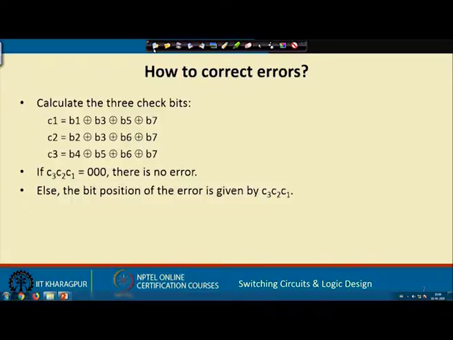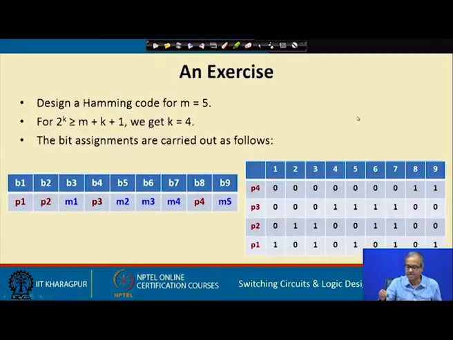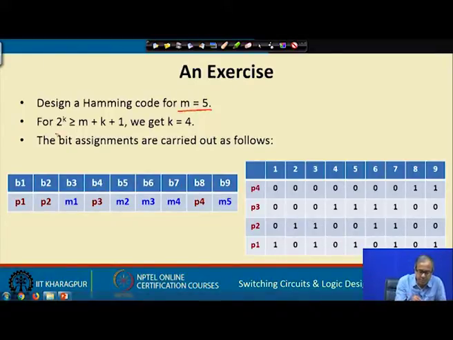Using just a few parity bits, you can detect and correct errors. Let us work out another one. I am just giving you the schematic, the rest I shall leave you as an exercise to verify. Suppose we extend the concept, we want to design a Hamming code for m equal to 5. Again look at that inequality: how many parity bits do we require?